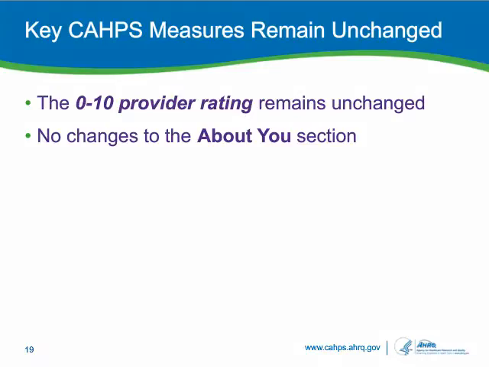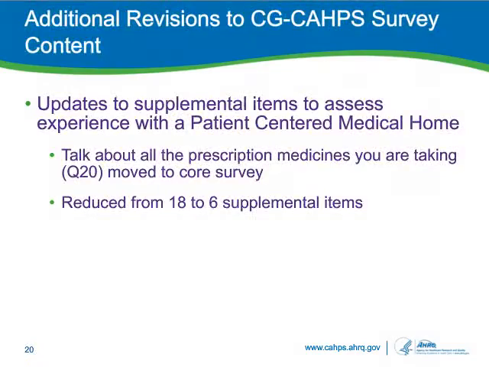So in addition to those updates to the core survey and the stability of the 0 to 10 rating and the About You section, we've updated the supplemental items used to assess patient experience with a patient-centered medical home, or PCMH. That's a supplemental set of items that you can append to the CG-CAHPS core survey to measure experience with a medical home.